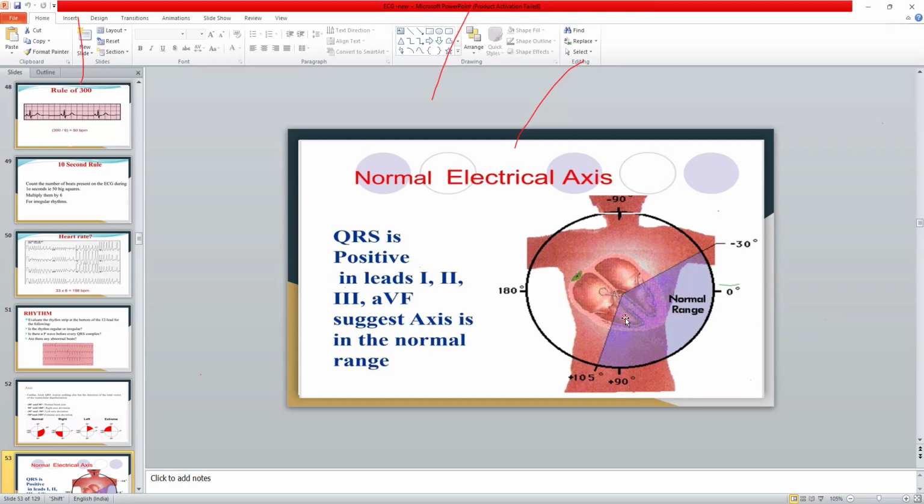These are the ventricles, right ventricle and the left ventricle. Here you can see the ventricles in this poster. These are in this direction, which shows the ventricular depolarization, that is between minus 30 to plus 90 degrees. This shows the normal range.